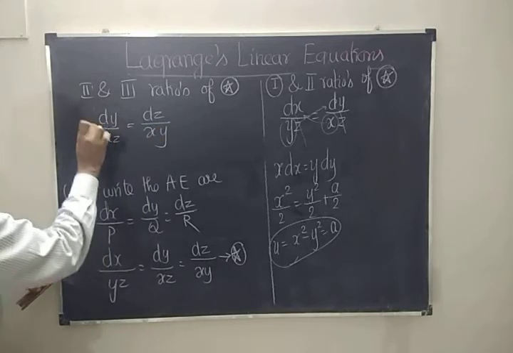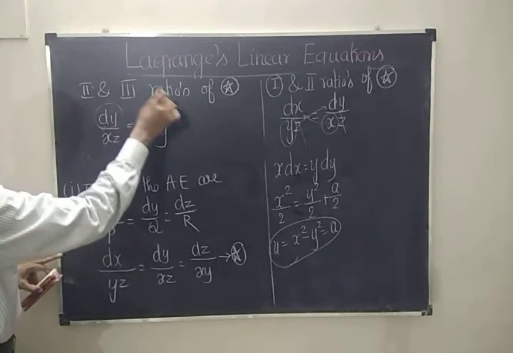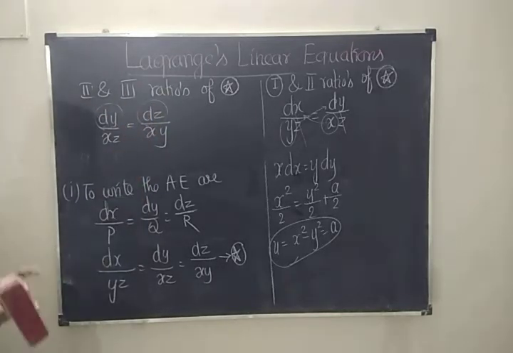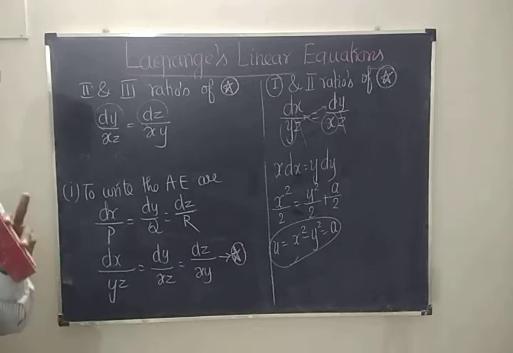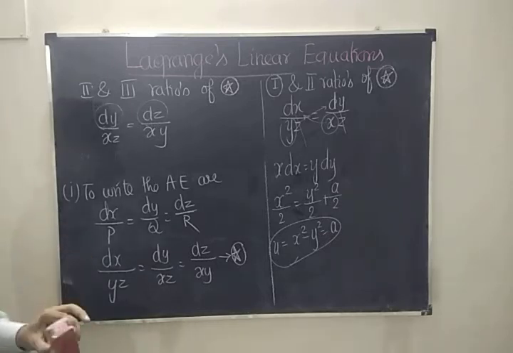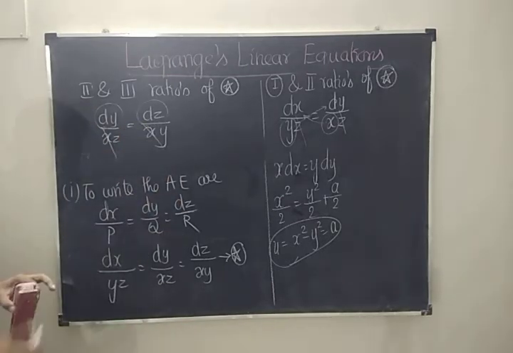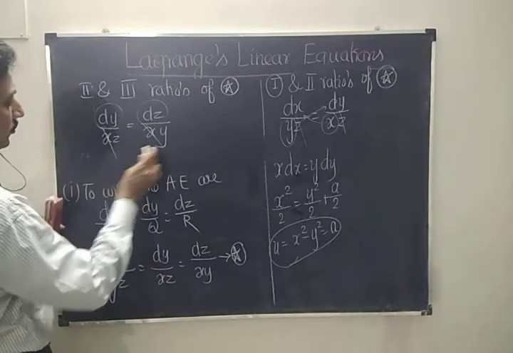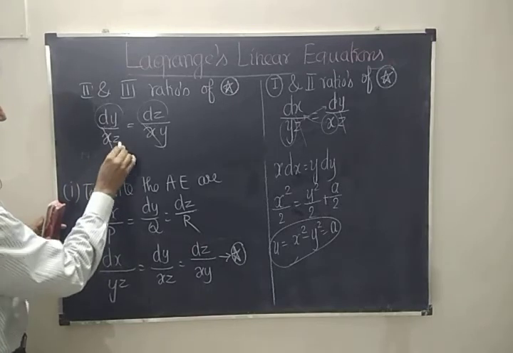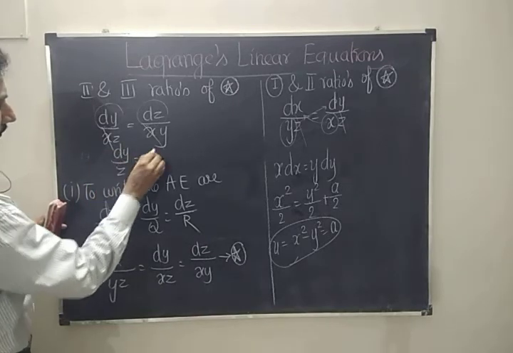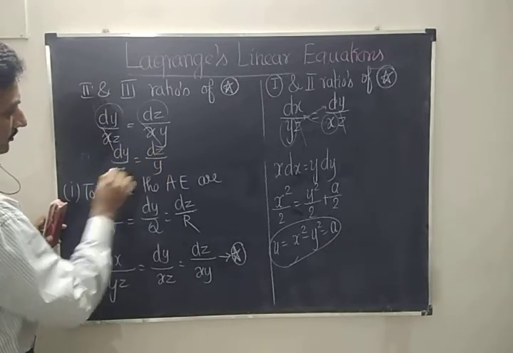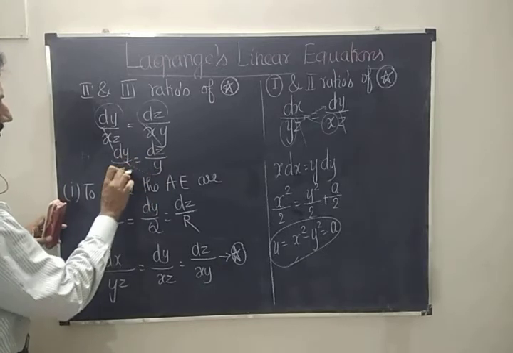Once again, please keep in mind, the numerators are dy, dz. So please keep the y and z alone. Other than the y and z, please eliminate the others. So this time x gets cancelled. What I am getting is dy by z is equal to dz by y. So once again, using the grouping technique, let's cross multiply.